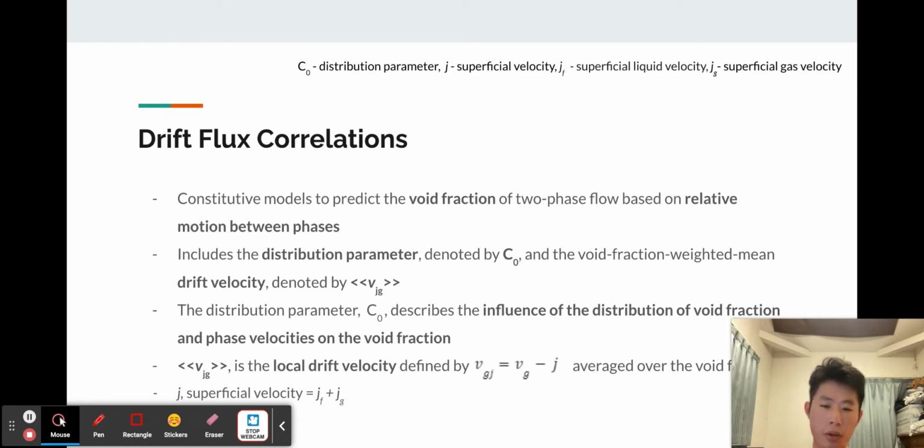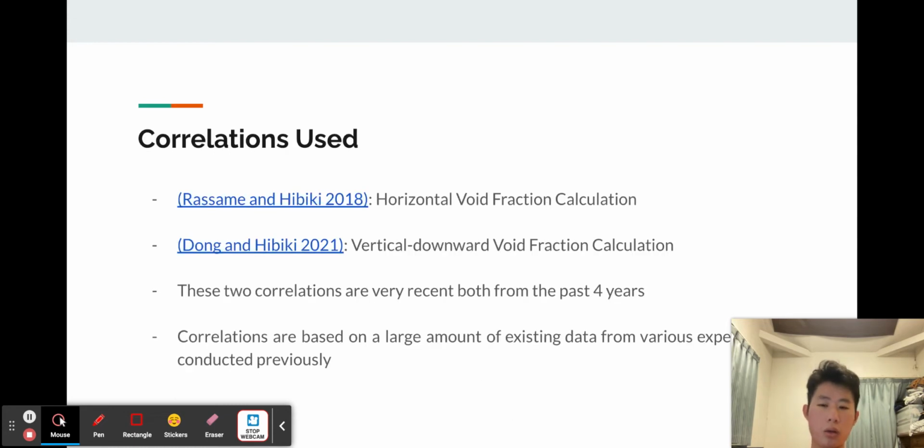The distribution parameter describes the influence of the distribution of void fraction and the phase velocity, and the local drift velocity is given by this equation at the bottom, averaged over void fraction. The correlations I used were Rasam and Hibiki for the horizontal void fraction calculation, and Dong and Hibiki in 2021 for vertical downward void fraction calculation. As you can see, these are very recent correlations, and they're developed on large amounts of data conducted previously by a large number of researchers.